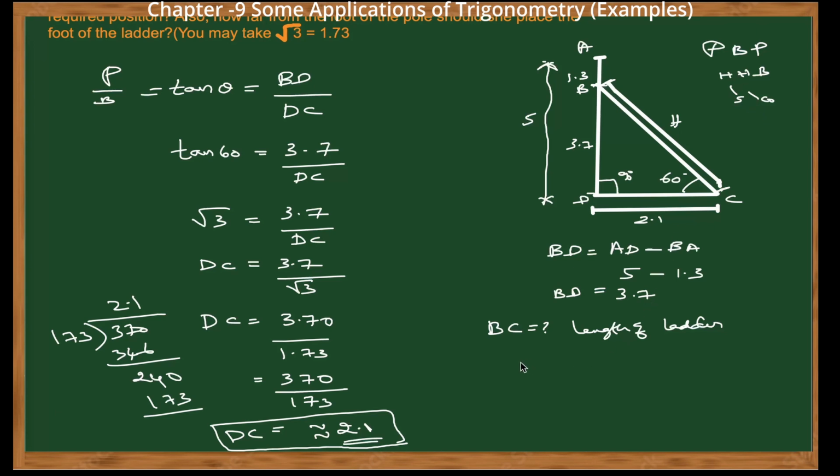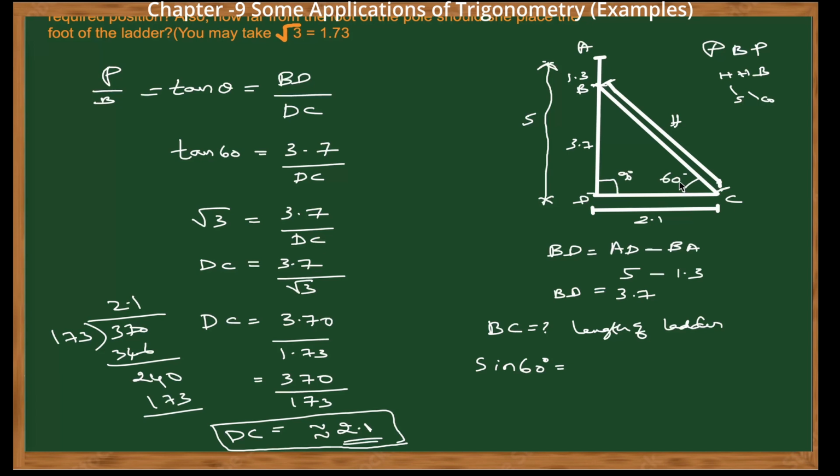So we can utilize our sine. Sine of 60 degree is the perpendicular by hypotenuse.